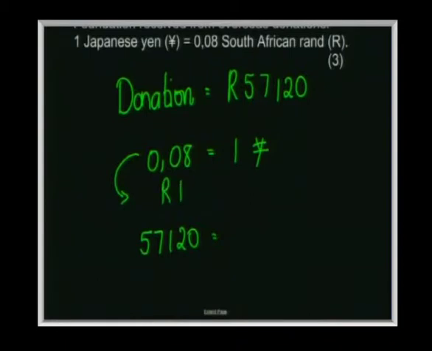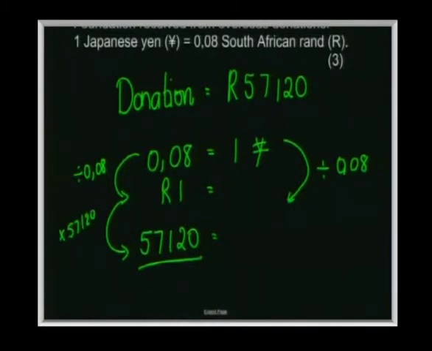And the best way of doing that is to divide it by what it is. So I'm going to divide it by 0.08. What I do to the one side, I need to do to the other. And then I need to times it by whatever I want it to be. So I want it to be 57,120. So I'm going to have to do that to this side too.